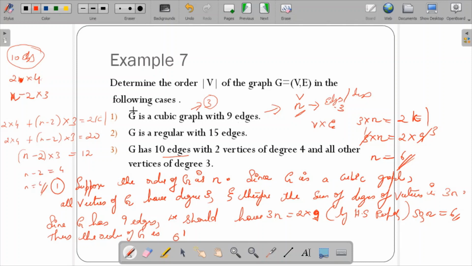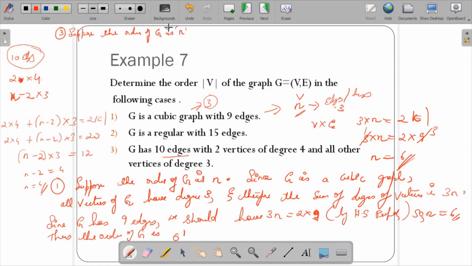So let us write the explanation for this. Third one, explanation I'll write over here itself. Suppose the order of G is n.